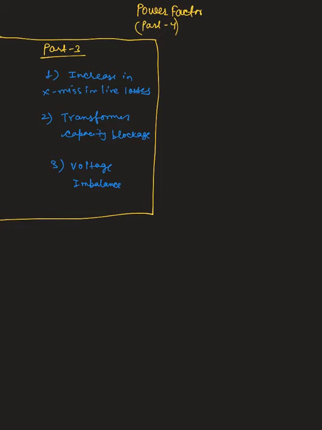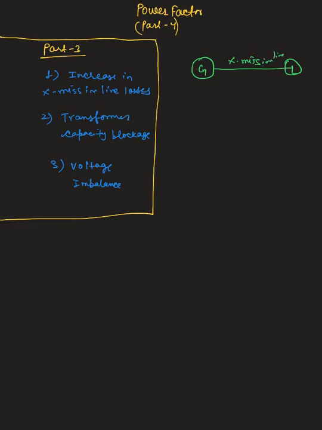Today we'll be seeing what actually we can do to solve this problem and what are the different techniques that we'll be discussing in the further slides. So yesterday we saw, suppose this is a grid or the source, and here there is a load, and this is a transmission line.